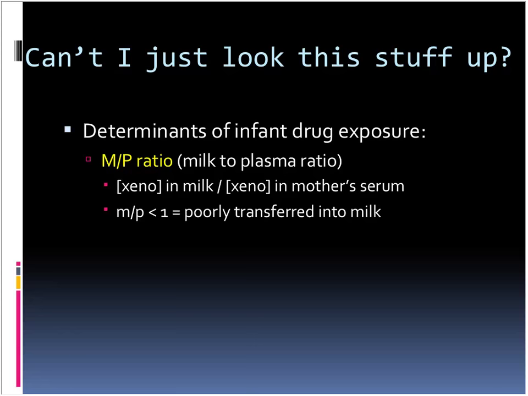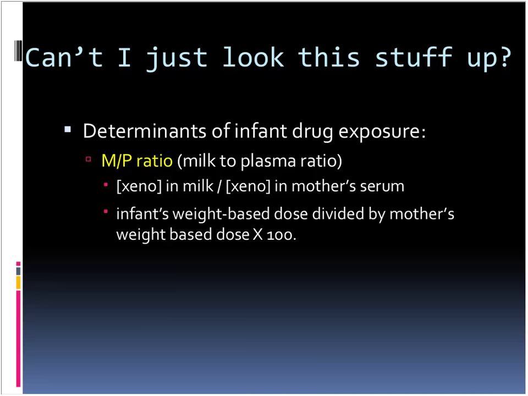It just diffused right from the capillary concentration right into the milk, and it's in perfect equilibrium. If it's an M to P ratio that's very low, then diffusion is not that great, or there's another factor that it's poorly transferred into milk. And if the M to P ratio is greater than 1, then that means this is a medication that is accumulating in human milk. And of course, an M to P ratio greater than 1 doesn't necessarily mean it causes toxicity, but it certainly does suggest that it accumulates in milk.